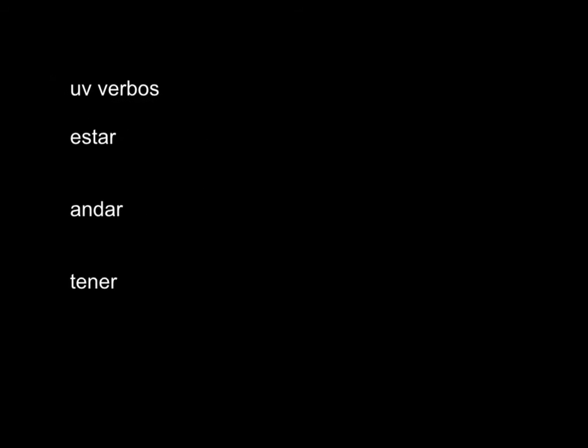The next is our UV verbs. Our UV verbs are pronounced uv, and they too, like the past verbs, resemble the infinitive, but something additional happens. In estar, in andar, we just drop the AR and we add UV.